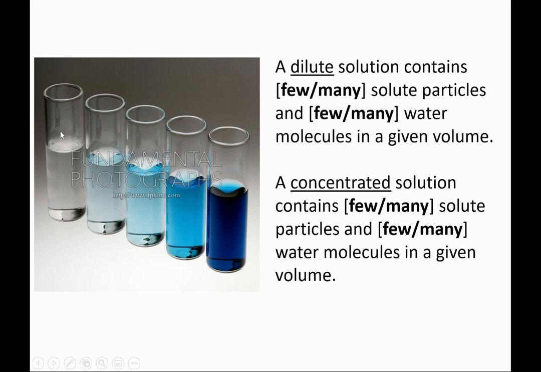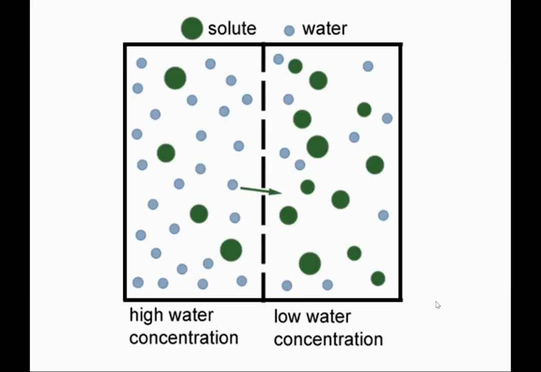So if we look on the left, the diluted solution has lots of water and not much solute. And on the right-hand side, we've got lots of solute and not much water. That's a very important idea. Now, the other key to osmosis, basically osmosis is the diffusion of water. So it's very similar to diffusion.